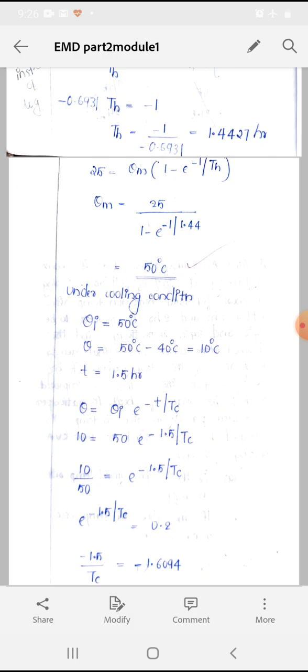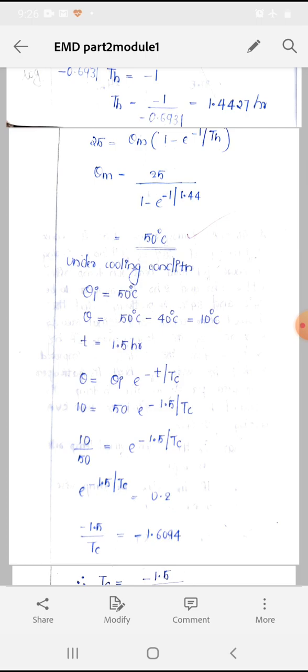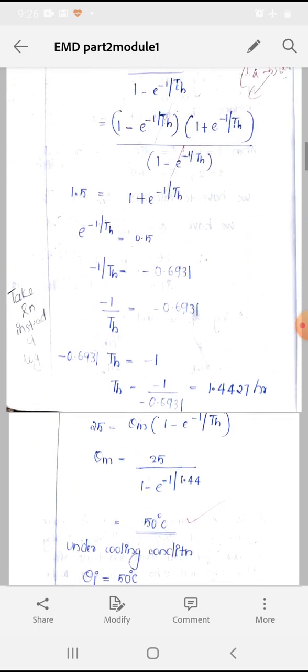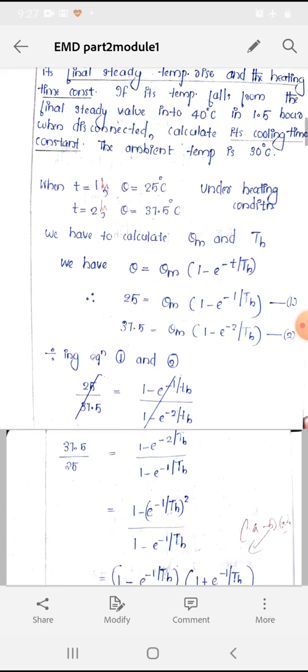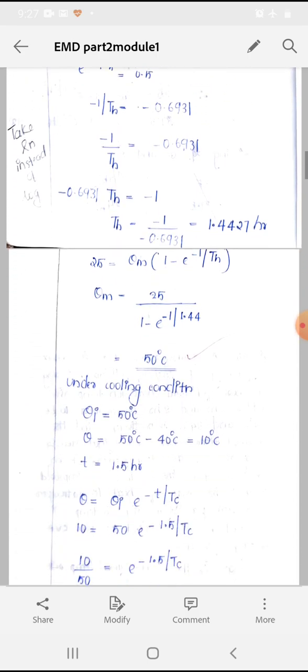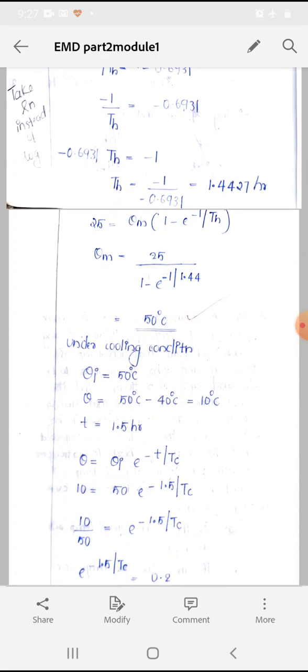Now theta i is the theta m which we got from the previous value, that is theta i is equal to 50 degrees Celsius, and theta is given as the temperature falls from the final steady value to 40 degrees Celsius, that is 50 degrees minus 40 degrees Celsius, equal to 10 degrees Celsius.